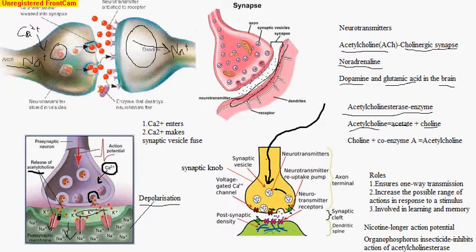Okay, so the acetylcholine which comes out from here, it is poured inside here. It is sort of changed to acetate and choline by the acetylcholinesterase enzyme, and then these acetate and choline are produced over here, and choline moves back to the neurotransmitter.